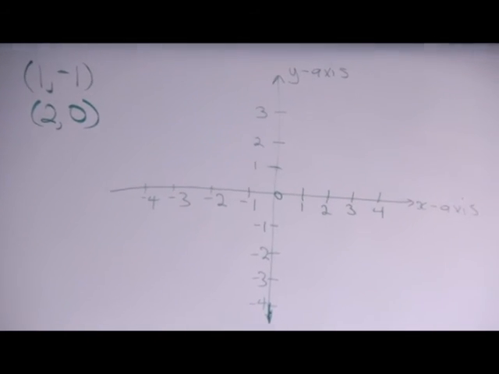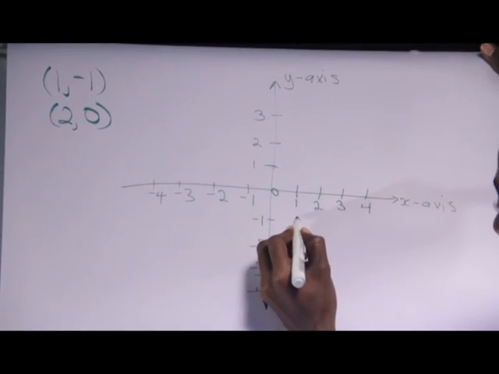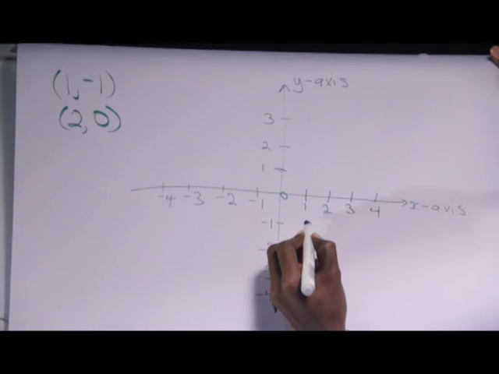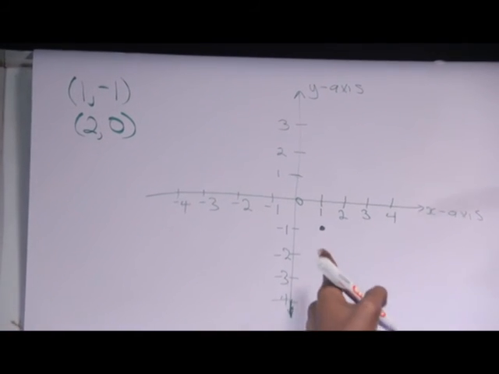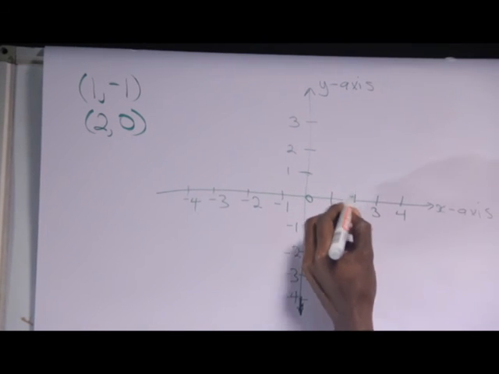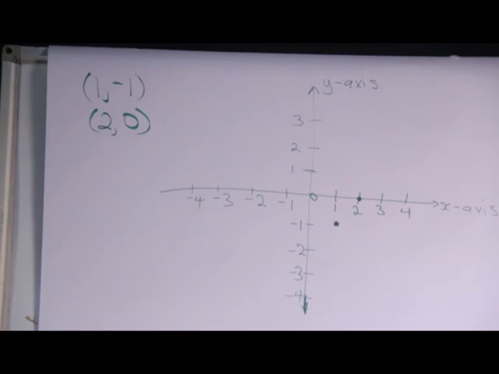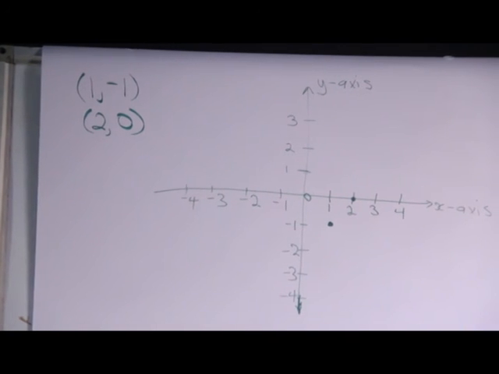So 1, negative 1, I first look for 1 here, and then I locate negative 1 here. So my first point is here. Then my other point is 2, 0, meaning I remain here. Okay, for convenience, let us plot all the different points.